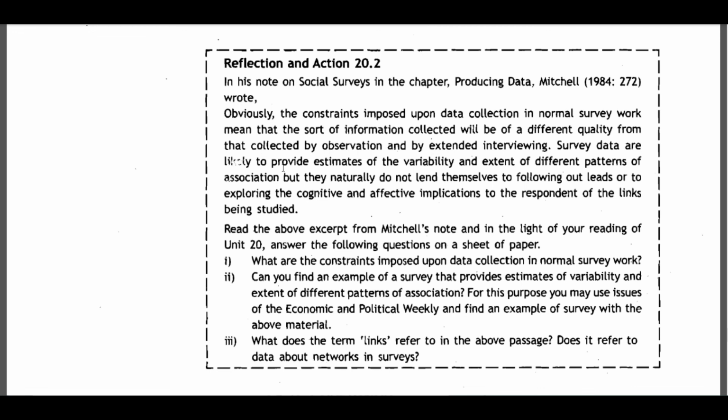Survey data are likely to provide estimates of the variability and extent of different patterns of association, but they naturally do not lend themselves to following out leads or to exploring the cognitive and affective implications to the respondent of the links being studied."